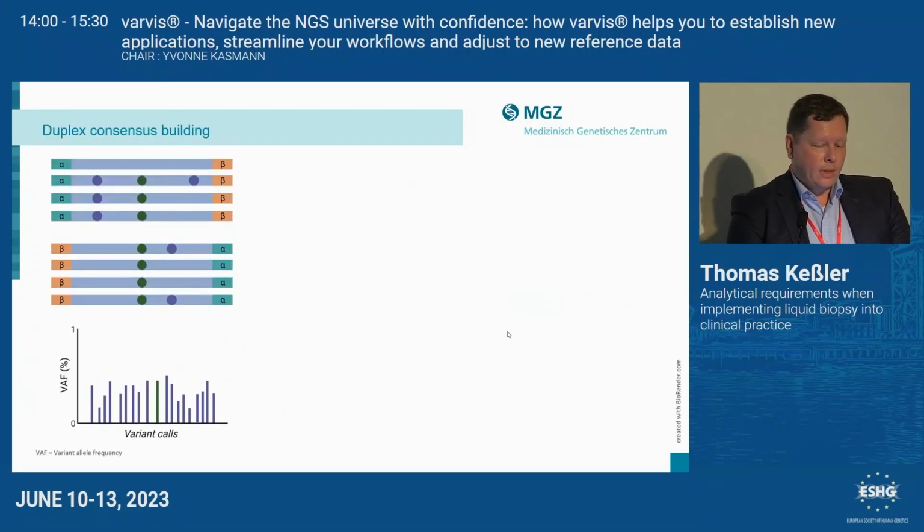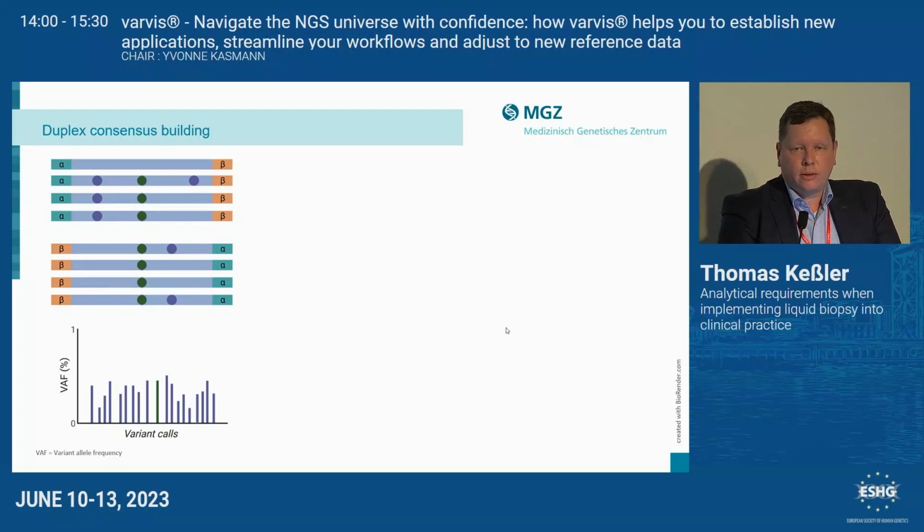So what you do then with the cfDNA that you extracted, or in our case, we use duplex consensus building approaches, which is basically a tagging method where you have amplicons for the genes of interest with markers on the plus and the minus strand of the DNA, here depicted by alpha and beta.